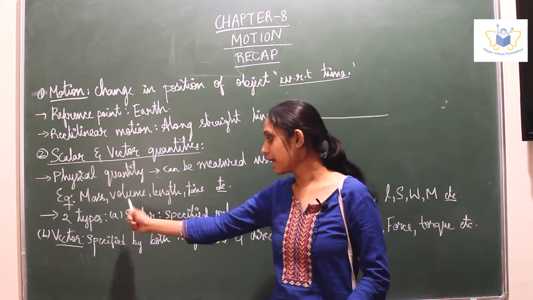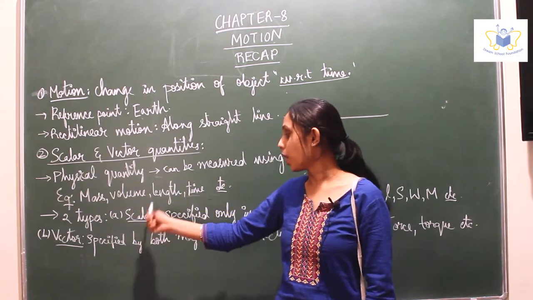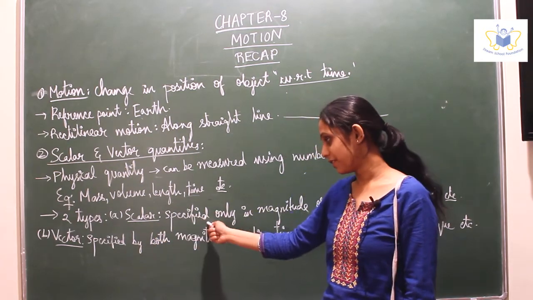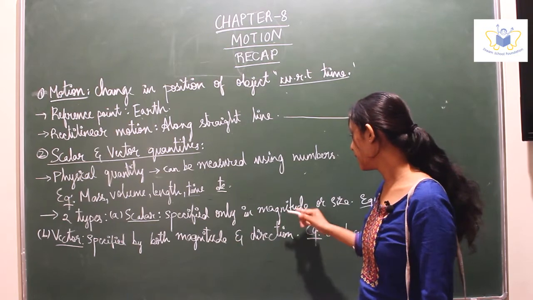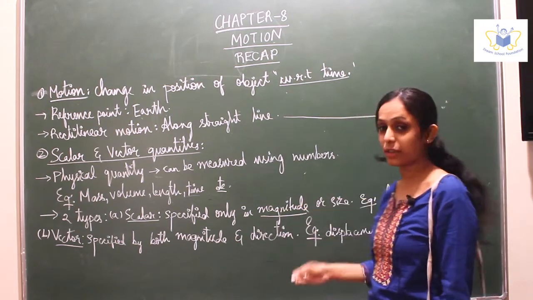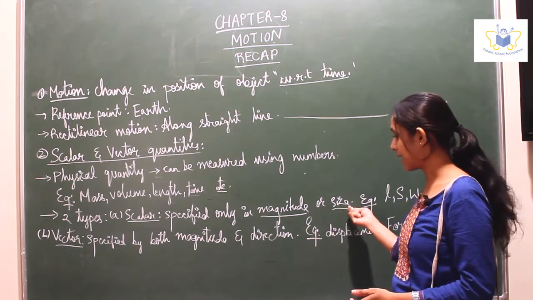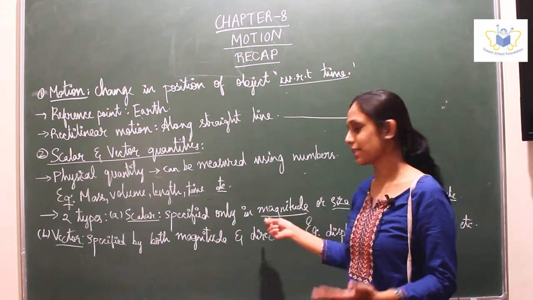One is scalar and the other is vector. Now what does scalar mean? It is a physical quantity which is specified or defined only in magnitude. If you have difficulty understanding magnitude, you can also think of it as size. Magnitude is nothing but size.